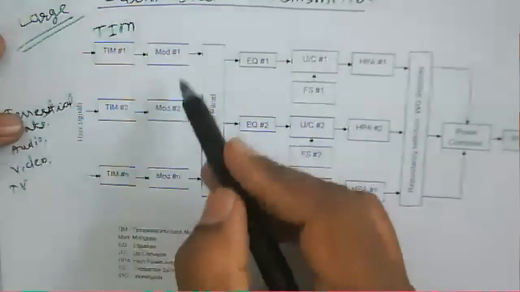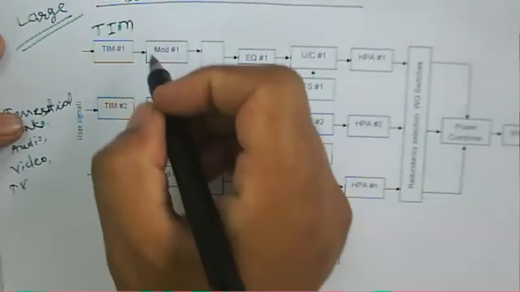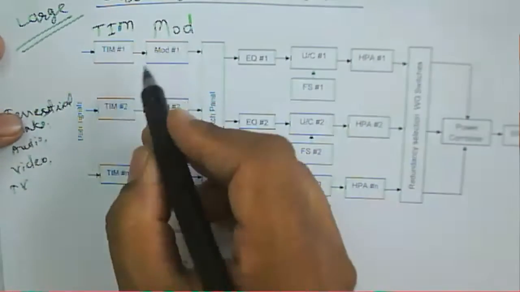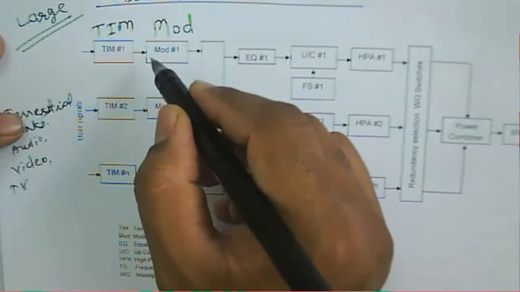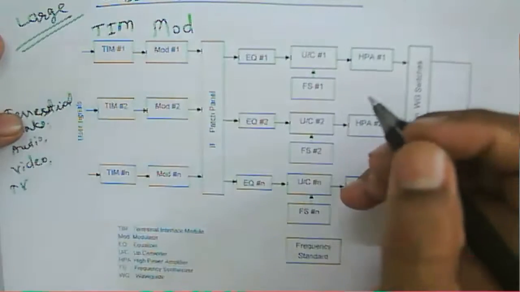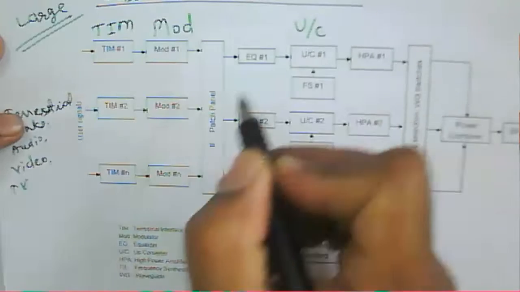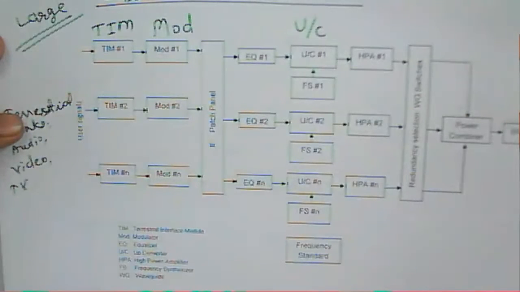Then it has a modulator here. Then your signal will be up converted there. This one is the up converter.